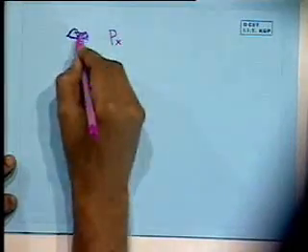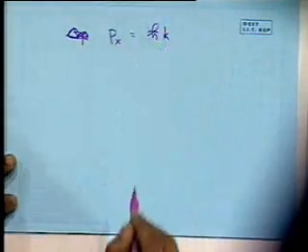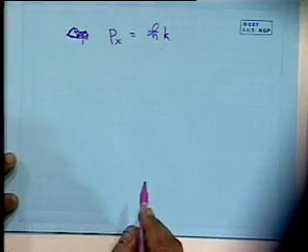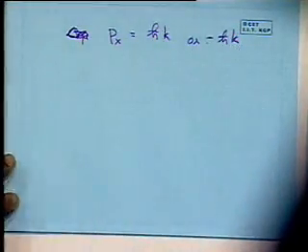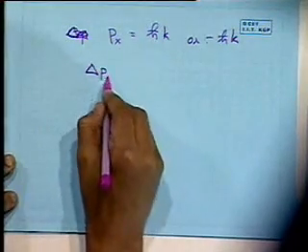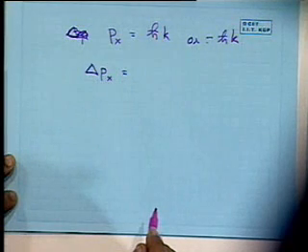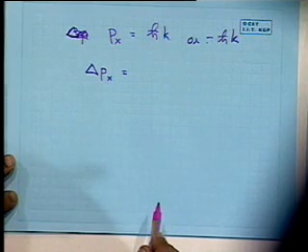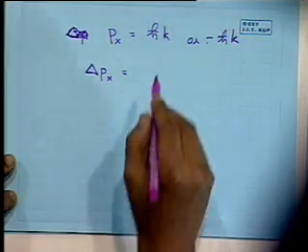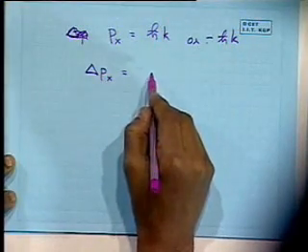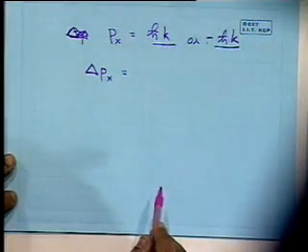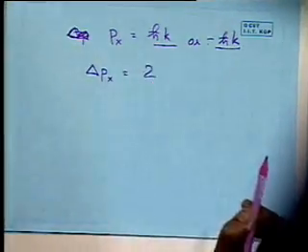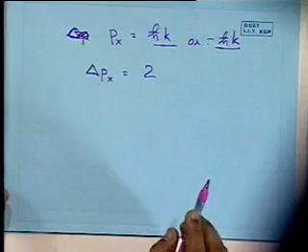Now in the case of momentum, px, it is given by h bar k, or minus h bar k. It can be either, depending on how it is traveling. It could be plus or minus this. So what is delta px? These are the two values within which it could lie, between minus h bar k and plus h bar k.